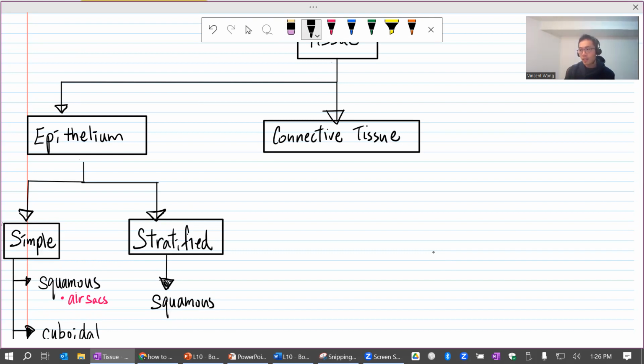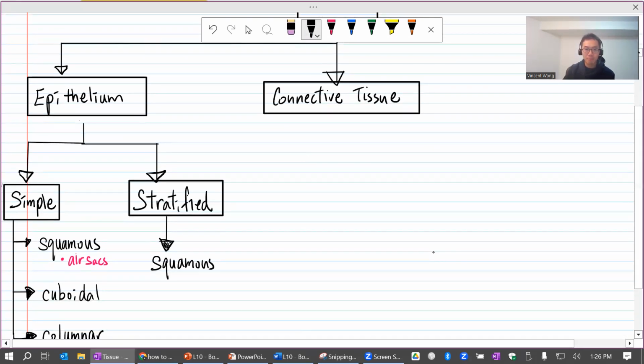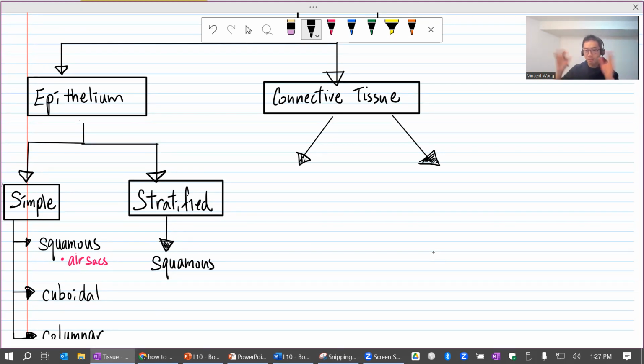Now, connective tissue has subcategories, and it's easy to miss them in the slide because there's so much information. Remember, this is meant to be an overview that connects you to the next course. We can go into much more detail later on. So just the big thematic idea here that you need to know.